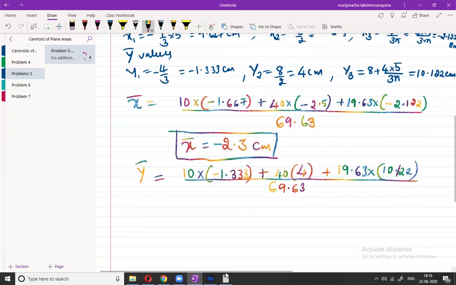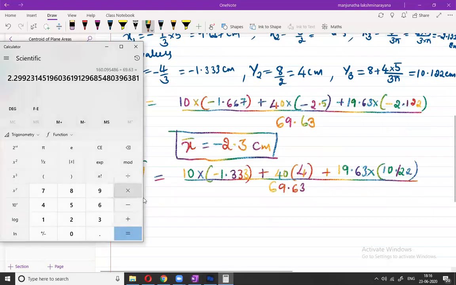So let us use the calculator. 10 into, here we need to consider the negative sign.